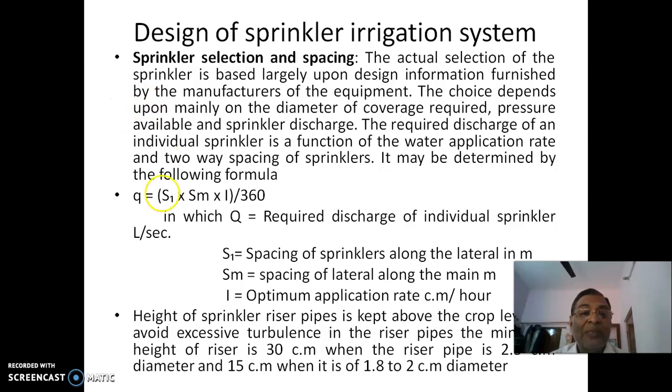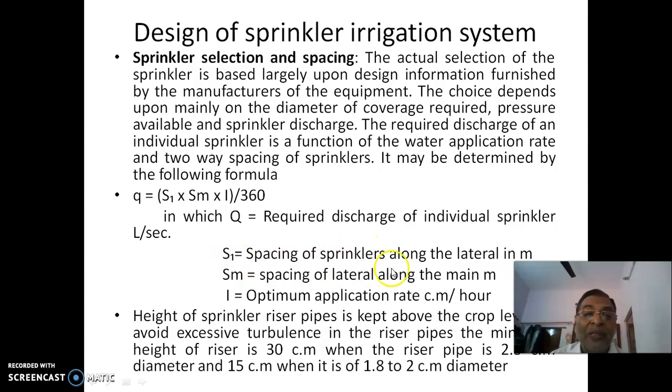See, for example, this is a formula: q = S1 × Sm × I / 360, in which, of course, a small q should be there. q is the required discharge of an individual sprinkler in liters per second. S1 is the spacing of the sprinkler along the lateral.